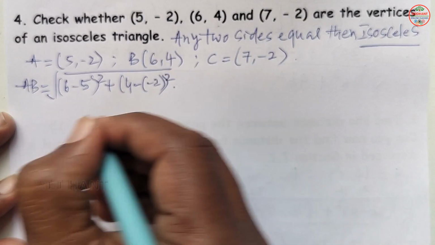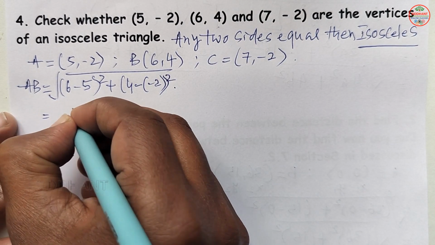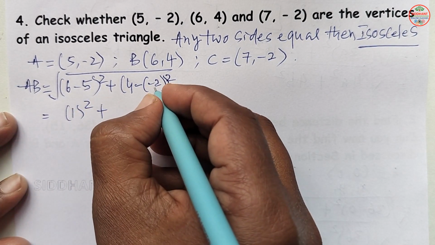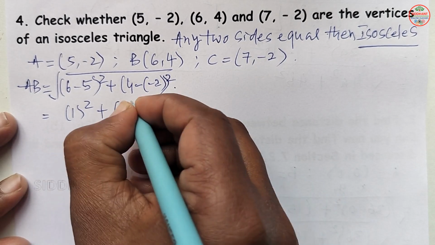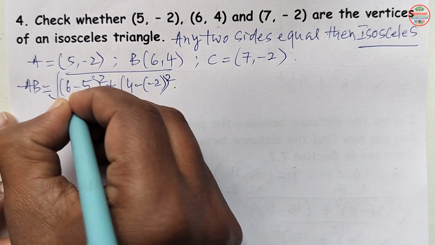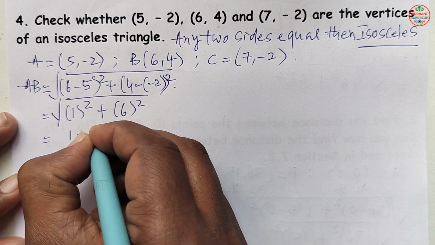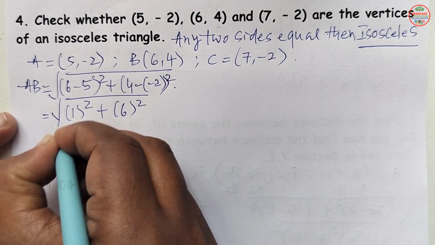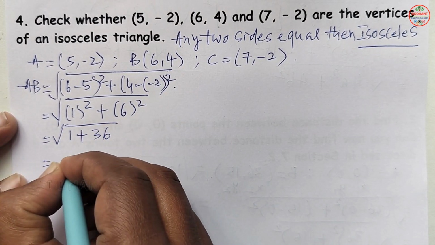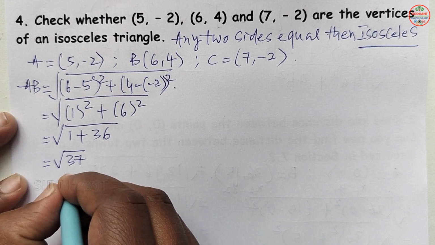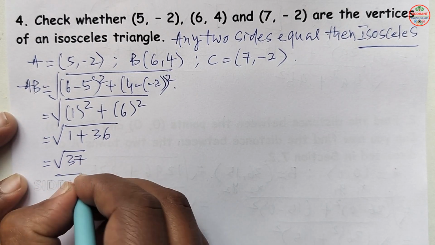So this will be square root. So we get 1 square plus 4 plus 2, 6, so that will be 6 square. So 1 plus 6 square 36, so that will be 37. Square root 37 is AB.